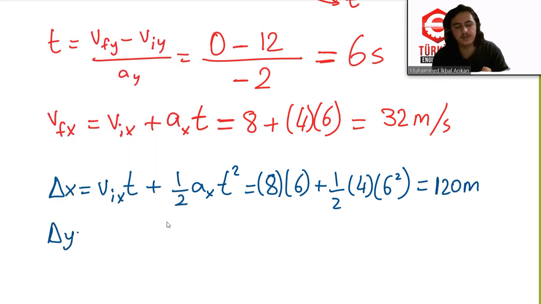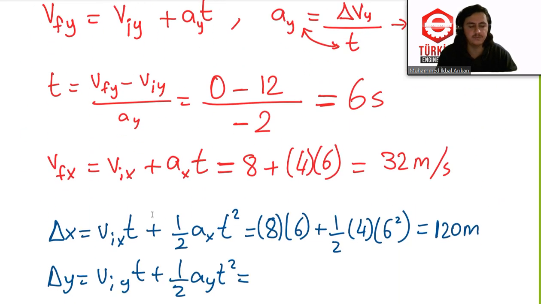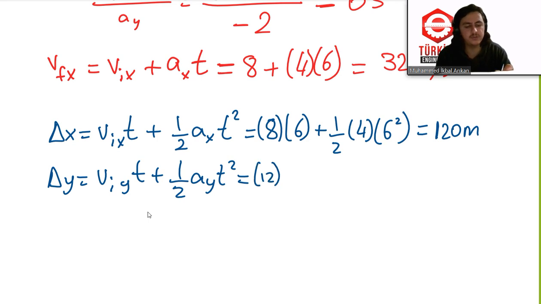What about delta y? You will put v initial in y times time plus 1 over 2 acceleration in y times time squared. Your initial velocity in y is 12, so 12 multiplied by your time, 6, plus 1 over 2. Your acceleration is negative, so you must put the negative sign here.